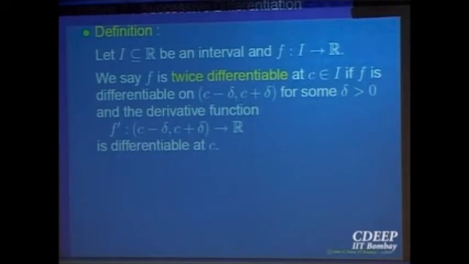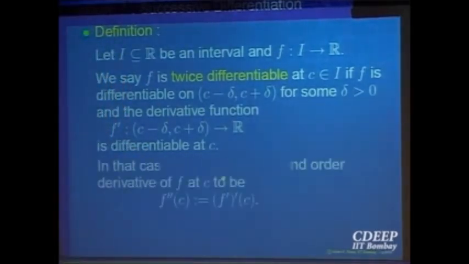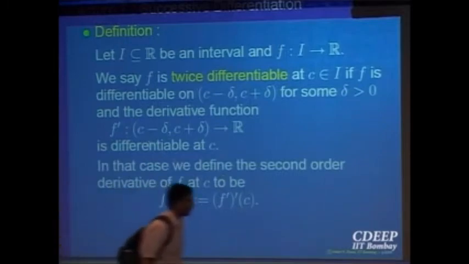So we are looking at the derivative of the derivative function f prime. So first of all, f prime should be defined in the neighborhood of C, and then you can ask if it is differentiable. Then the derivative of the derivative function will be denoted by f double dash.